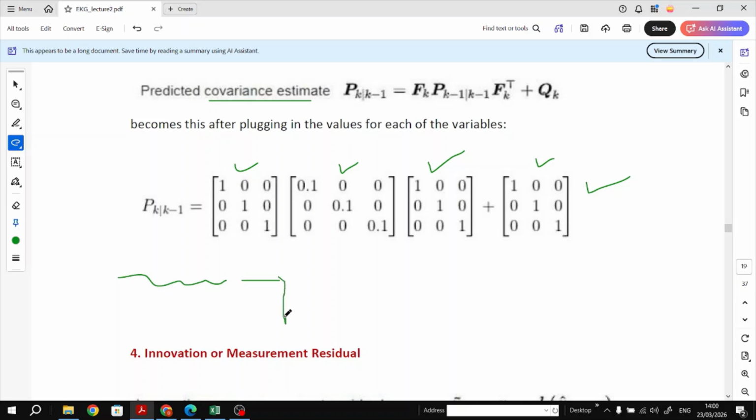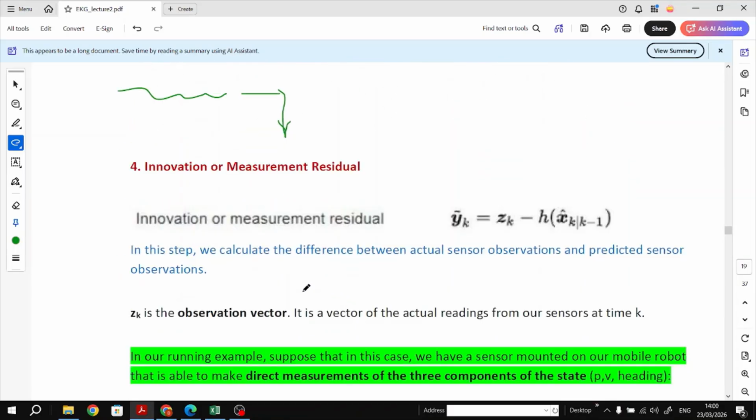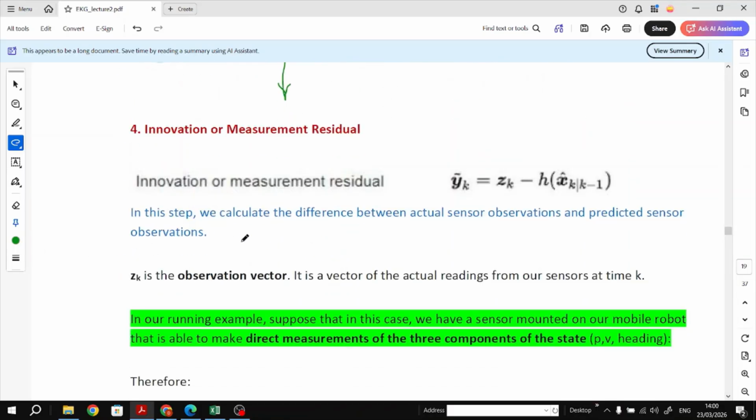And next we go to the measurement update step. In the measurement update step, the first thing is that we have to calculate the difference between the actual sensor measurement and the predicted sensor measurement.